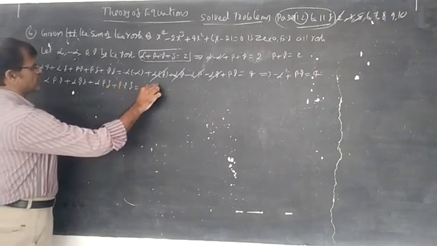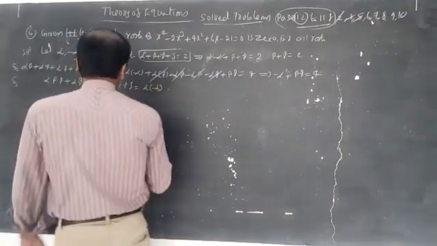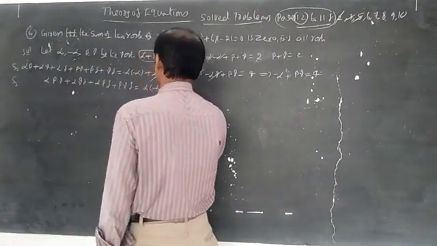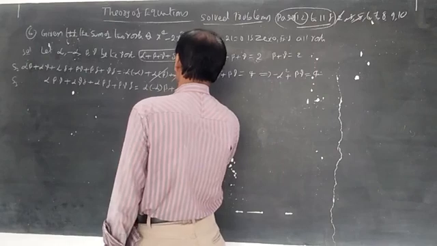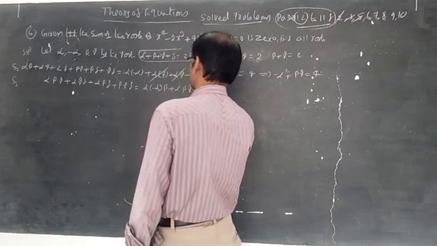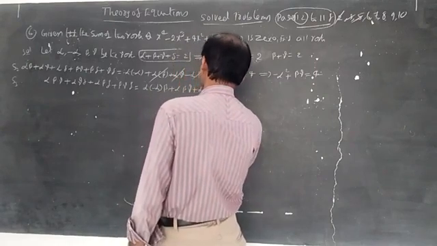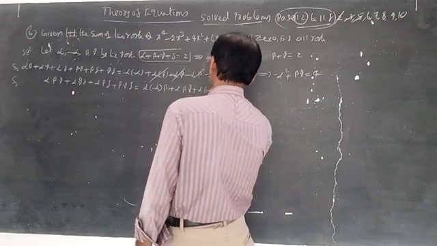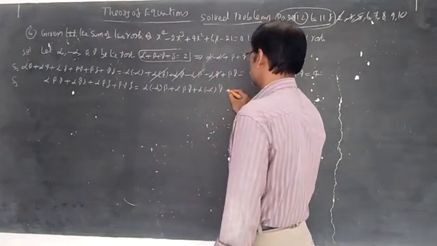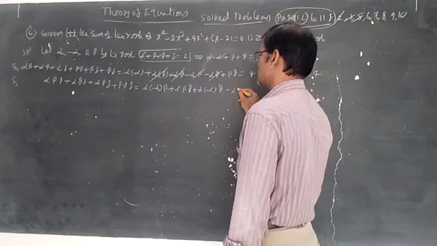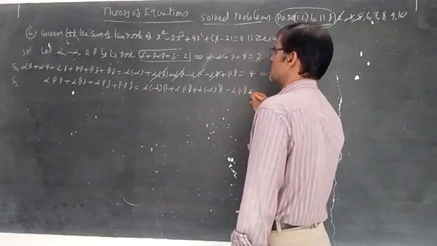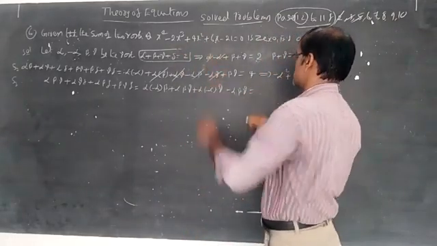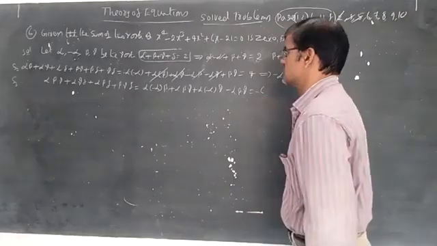So alpha into minus alpha into beta plus alpha into beta into gamma plus alpha into minus alpha into gamma plus minus alpha into beta into gamma is equal to minus 6.